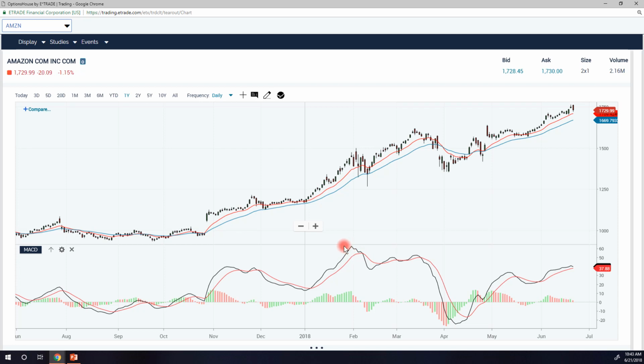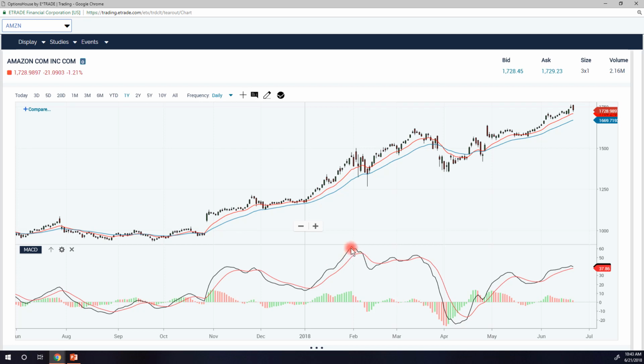So the primary way that traders use the turning points, first one I just showed you was if you just focus on the black line moving above or below 0. But more common is for people to look at when the black line crosses the red.